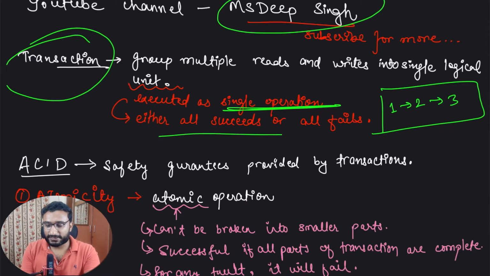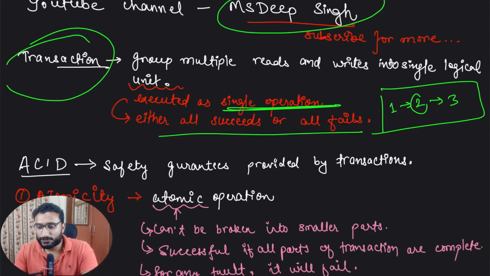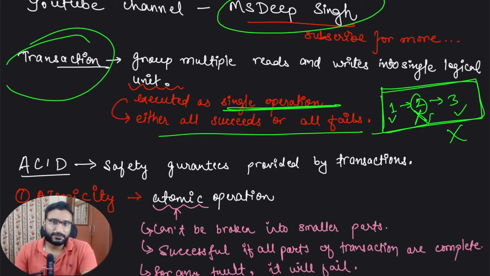So either all succeed or all fail. When we define logical entity, if let's say this particular step failed in the transaction, this complete transaction will be a failure. For this transaction to be successful, we have to ensure that 1, 2 and 3 all should succeed. So समझे बात? This is what we mean by transaction.